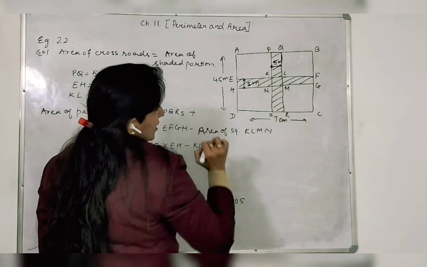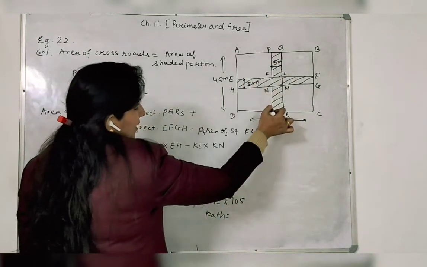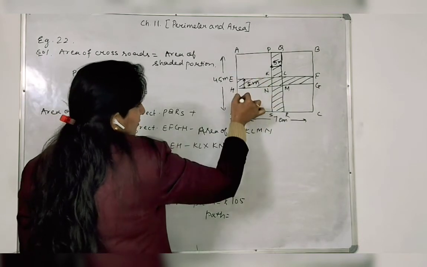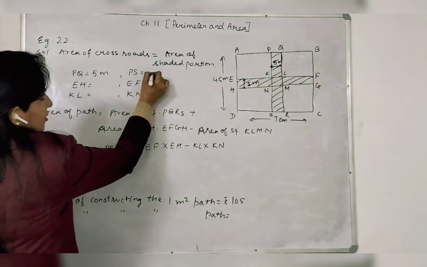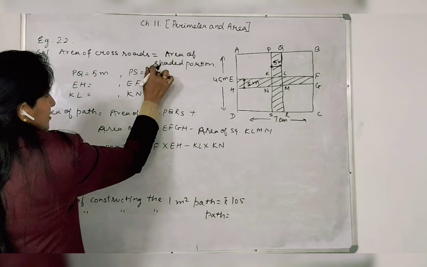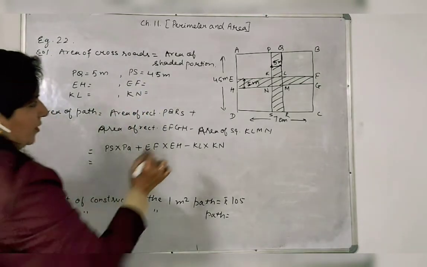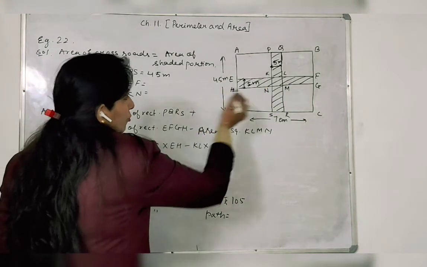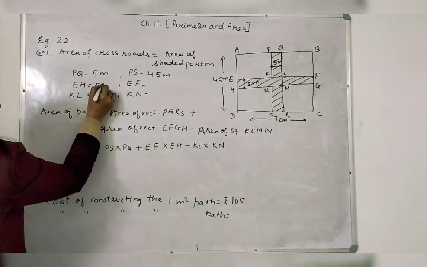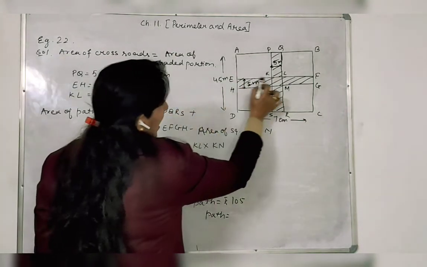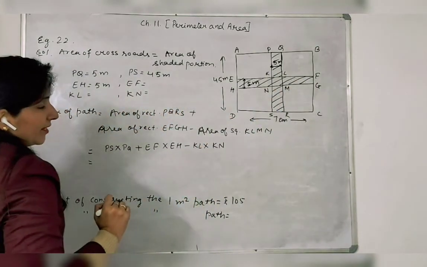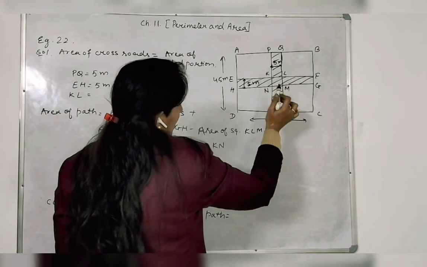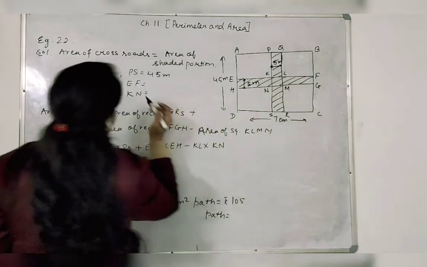PS is just equal to the breadth of this complete rectangular part, which is given 45 meter. So we can write here 45 meter. Now EH you can see is again the width of the crossroad, that is 5 meter. What is EF? EF is equal to the length of the rectangular part, and the length given to us is 70 meter.